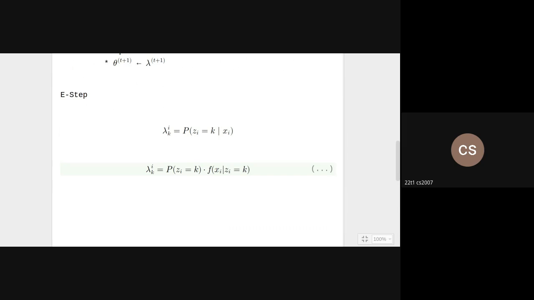That is the numerator of the Bayes rule: p of z into p of x given z, divided by p of x. So this will be not p but f of xi, because we are talking about densities. I hope this is clear.